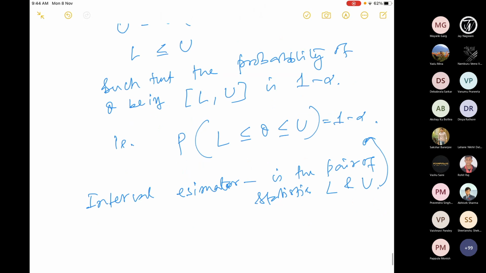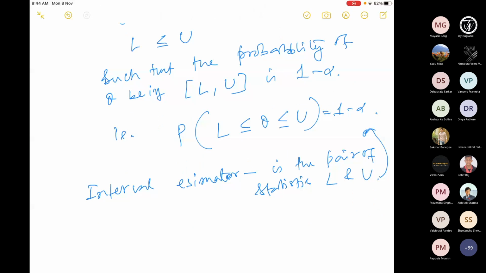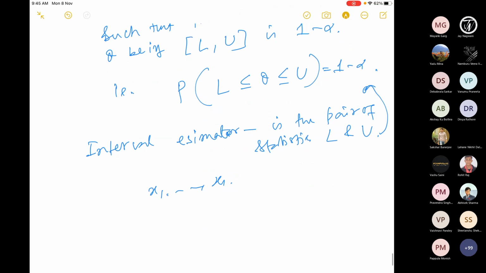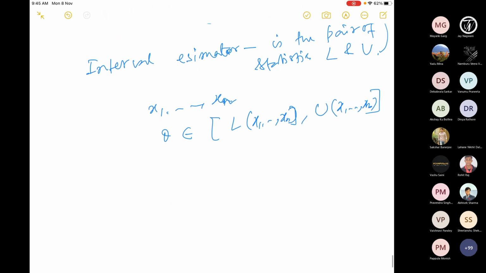So I can say that if we have this sample x1, x2, xn, then theta should belong to L of x1, x2, xn, comma, U of x1, x2, xn. So this is L and U that you have to estimate with some confidence. Now I have to define what the confidence is here, with some probability.